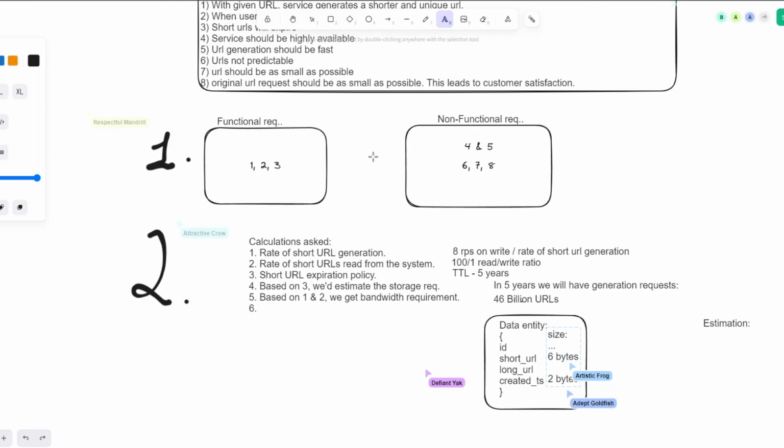Okay. Fine. So we have this, right? ID is, so we have 210 bytes times 46 billion. So that's great. Now we have a row estimation for the data entity. So we can say that we have about 210 bytes for the data entity, and now we have an entity quantity of 46 billion.